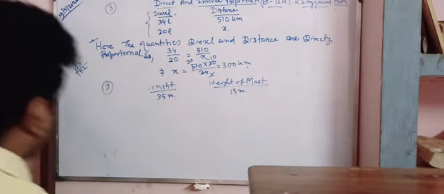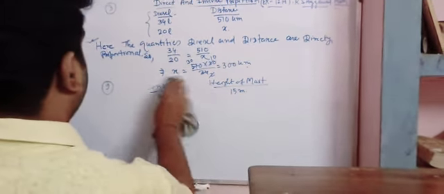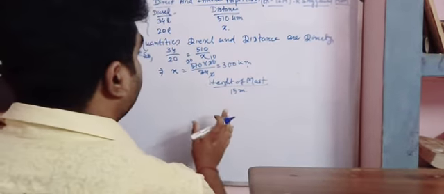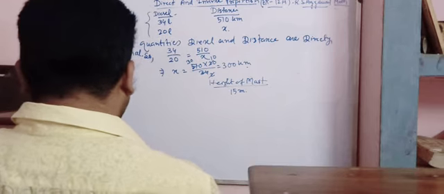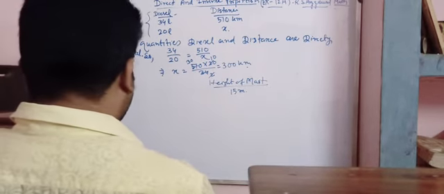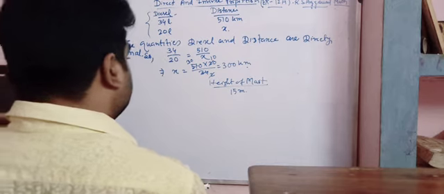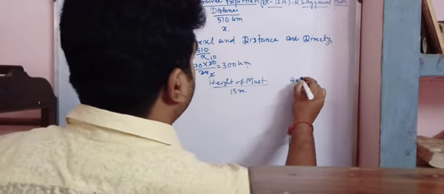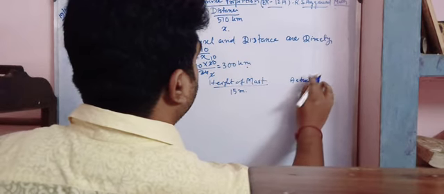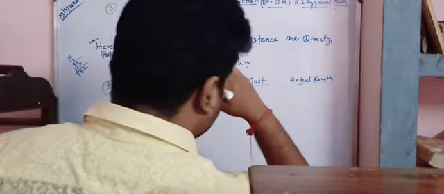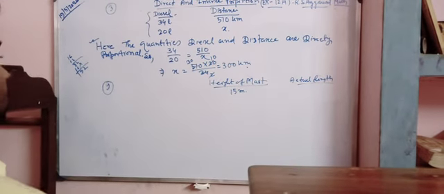We have to make the column with height on the left side and the actual length on the right side.